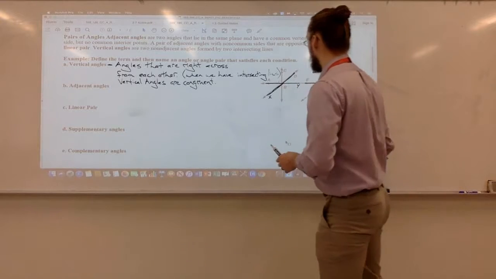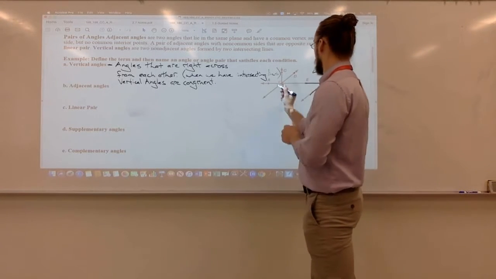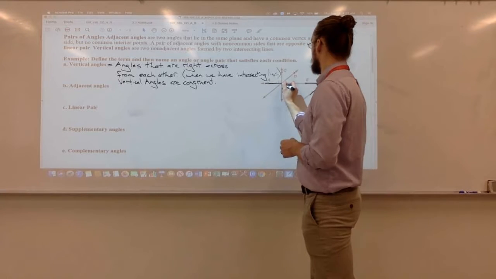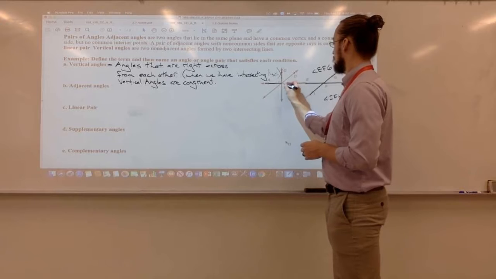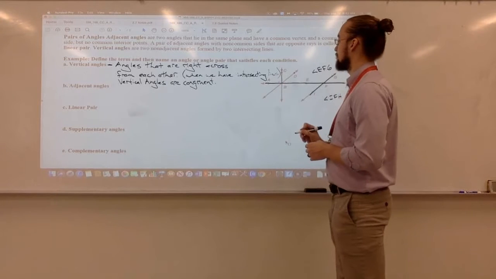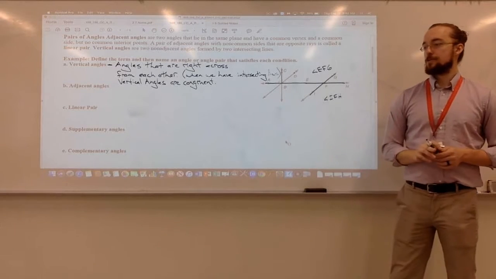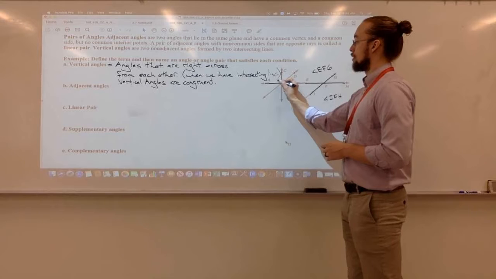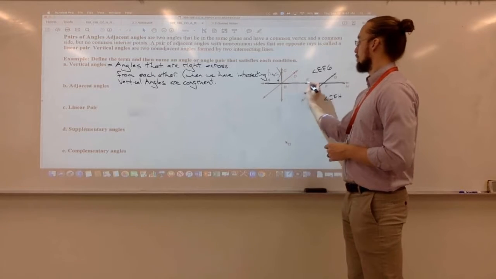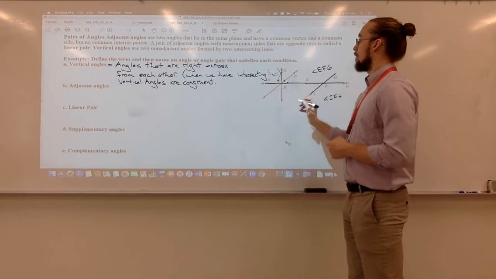A, B, C, and E, B, C. So ABC and EBC. That would not be a pair of vertical angles. ABC is this angle right here, and then EBC would be this angle right here that's right next to it.